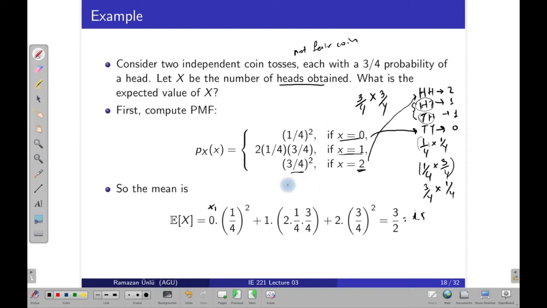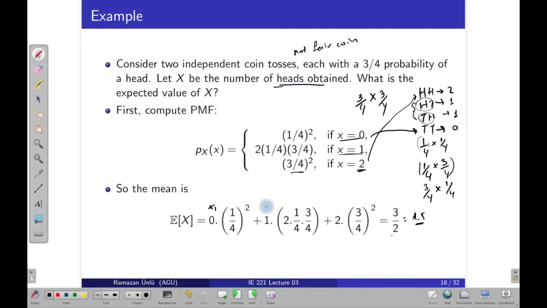Okay, so this is the expected value, and you can also call this the mean of this experiment. So if we want to summarize these results in words, I can say that at the end of this experiment, I will obtain 1.5 hats on average.